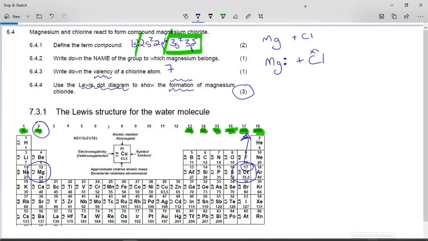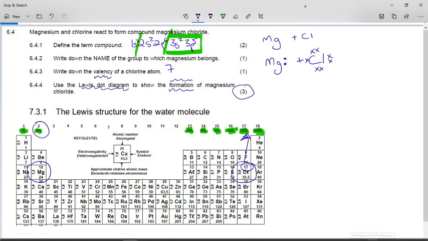So we start 2, 4, 6, 7, okay? So usually if you don't have 7 electrons, if you've got like say 5 electrons, you go around 1, 2, 3, 4 and pair up the 5th one, because the electrons like to be in pairs. So this is magnesium and chlorine, okay?